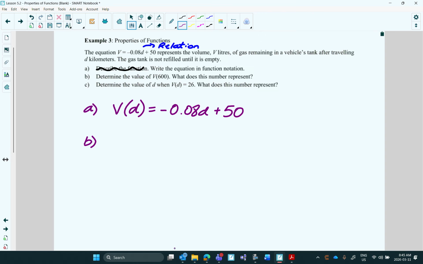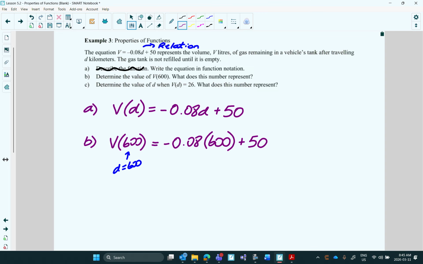So we want to find V of 600. What does that mean? That means D is 600. So I am asked to replace D with 600. And then calculate.